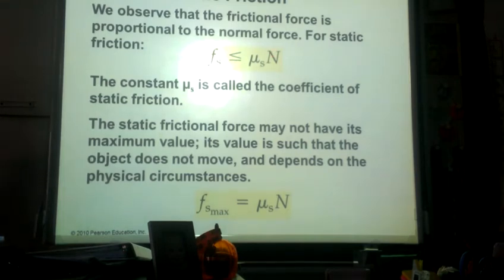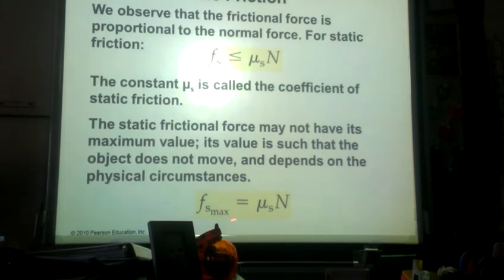Okay, let's say that we're talking about an object that is definitely in static friction. Then static friction should be less than or equal to mu times the normal. Let's say that I want to determine the maximum value of frictional force, or the maximum force that I need to apply to an object to get it to move. How can I overcome friction?